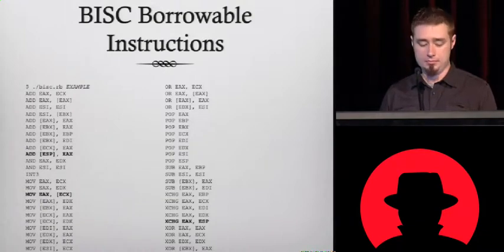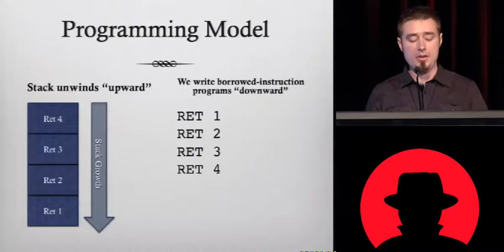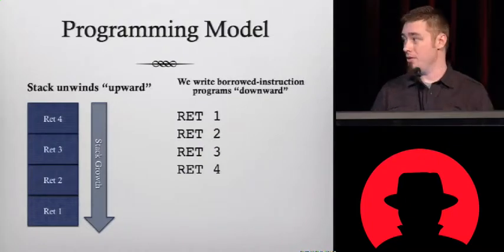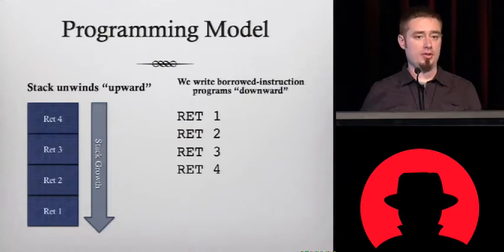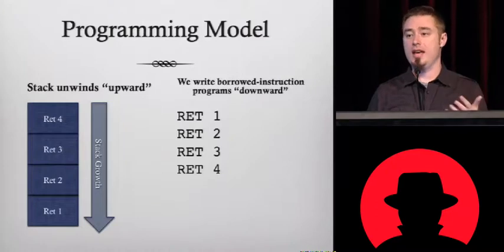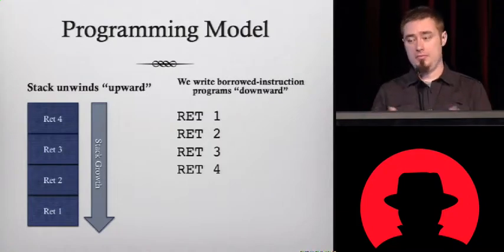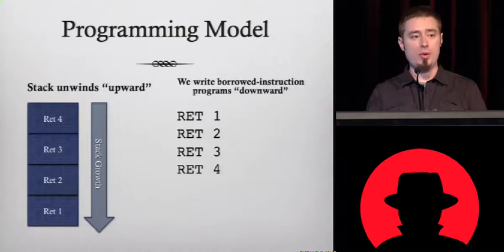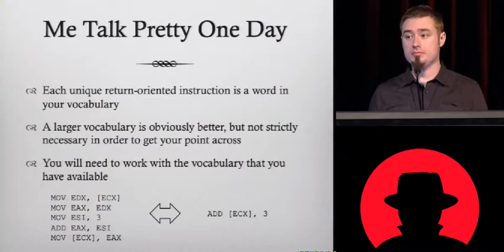meaningful payload. And the other thing that BISC lets me do is, even though the stack unwinds upward, and so the memory addresses will go up, I want to write my program downward, just like a traditional assembly program, so that ideally I can look at the assembly and understand it. Even though I won't be using the same instruction mnemonics that you would if you're just writing normal assembly, I'll be doing things in a similar way, so if I understand assembly, I understand what my program does just by looking at it.